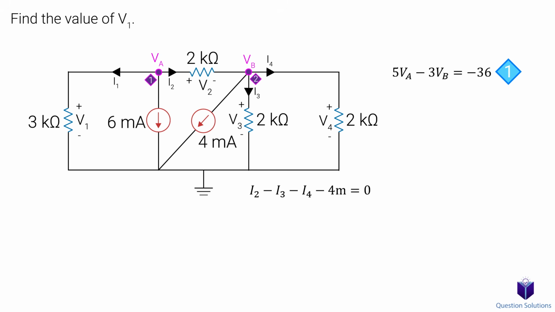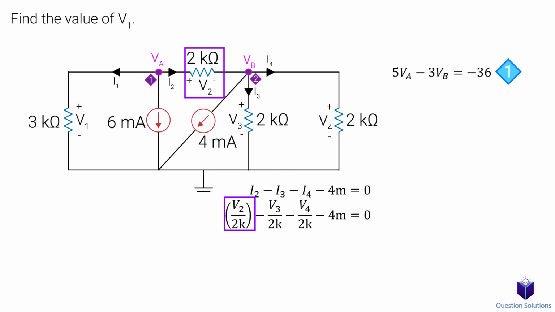So we need to write these currents in terms of the resistor voltages and resistance. I2 is V2 divided by the 2K ohm resistor, I3 is V3 divided by the 2K ohm resistor, and I4 is V4 divided by the 2K ohm resistor. Let's multiply everything by 2K, and we can bring the 8 to the other side.